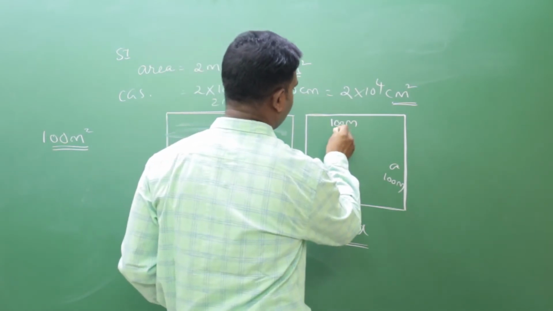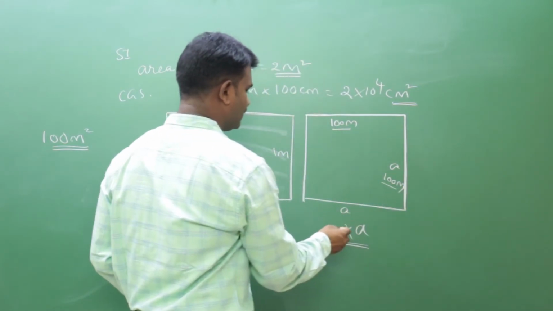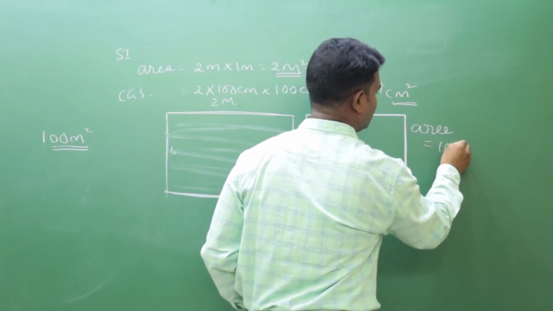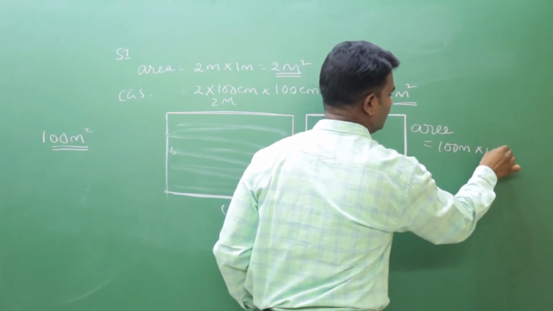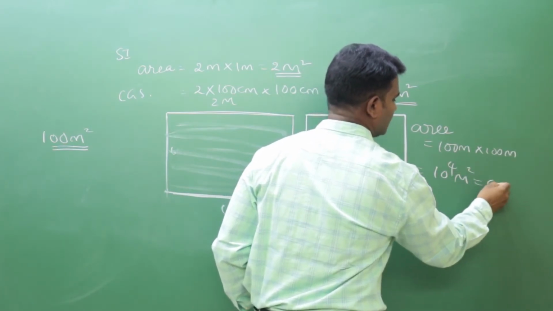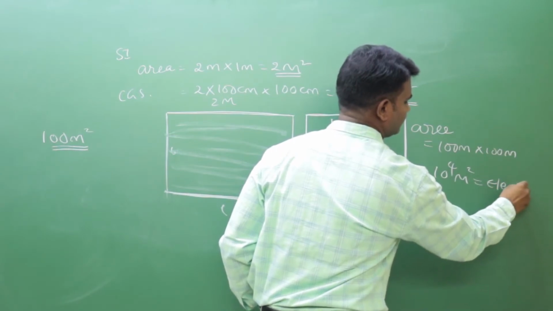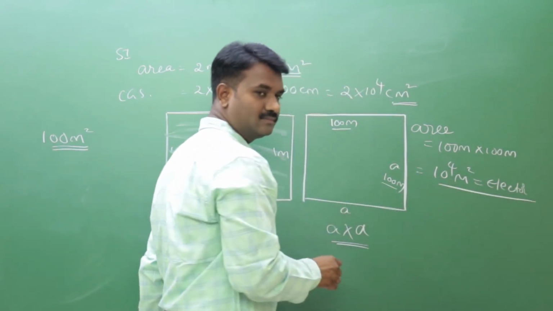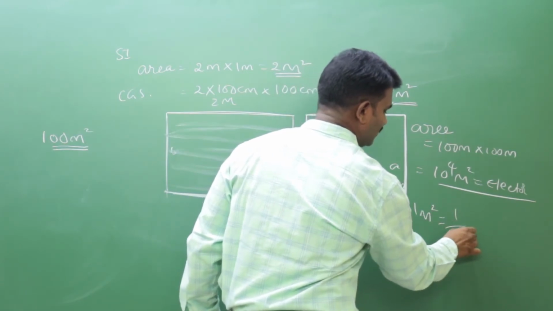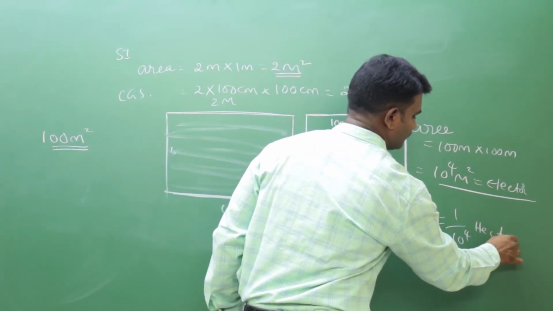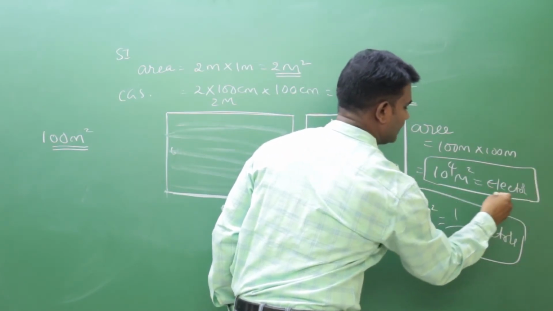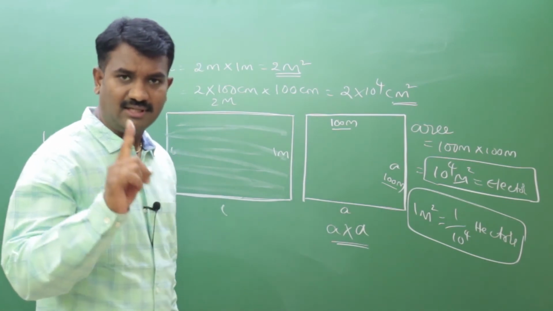So if it is 100 meters and this is 100 meters, what is its area? Area is equal to 100 meters into 100 meters, that is equal to 10 to the power of 4 meters square, which is called our hectare. So 1 meter square land is equal to 1 by 10 to the power of 4 hectares, or 10 to the power of 4 meter square surface area is equal to 1 hectare.